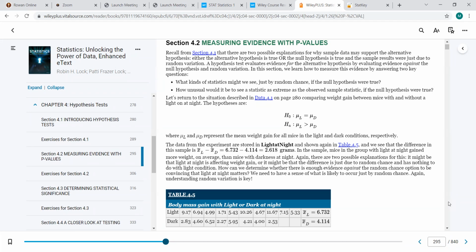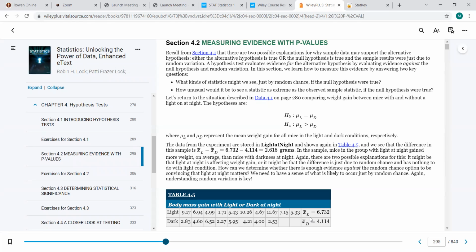So what's measured here in grams is the mass of each of the mice. You can see in the table here, there were 10 in the light group and 8 in the dark group. And we averaged their body mass gains, I guess this is what this is, not just body mass, but body mass gains.